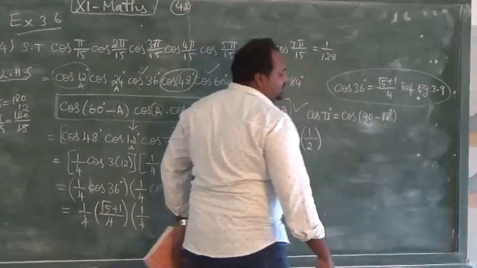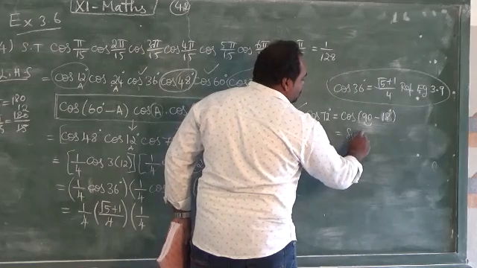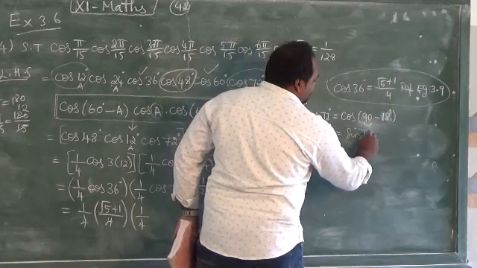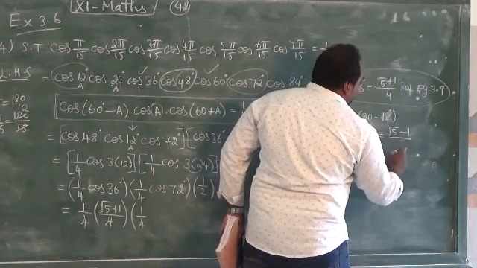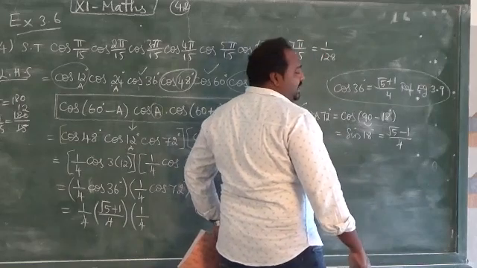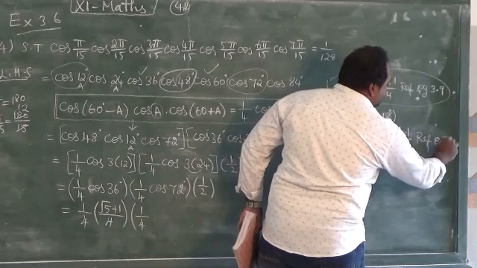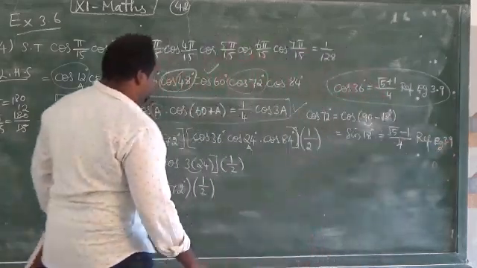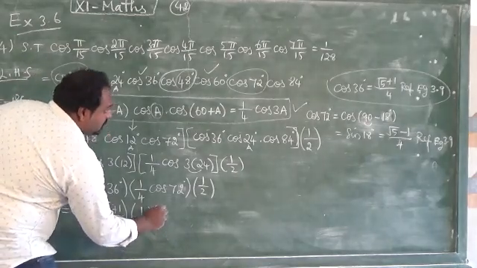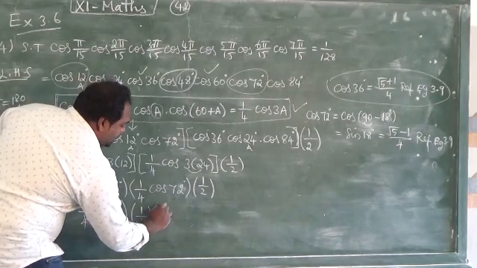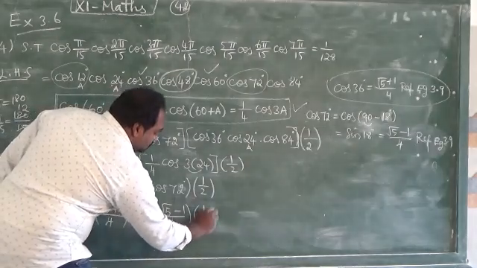Here 90 minus 18 is first quadrant, no sign changes. Next, because of 90, we have to change the co-ratio, so cos becomes sin 18. Sin 18 value also we have found in example 3.9, refer to example 3.9. So sin 18 value is root 5 minus 1 by 4, into 1 by 2.